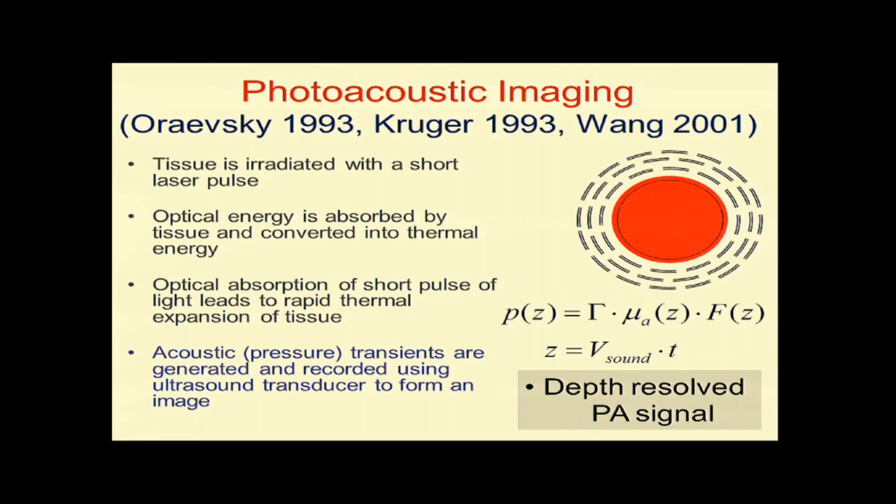And second, you will be listening at what time this particular echo arrives. That will tell you the distance between the optical absorber and the acoustic detector. So in principle, it's a very, very simple technology, lightning and thunder, where we can produce depth-resolved photoacoustic images where contrast is primarily determined by optical absorption, not optical scattering.